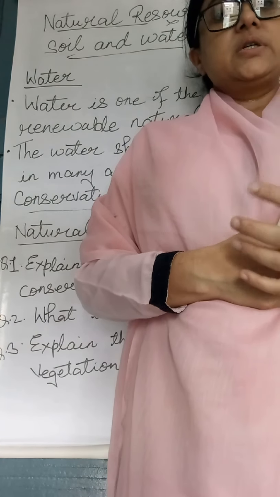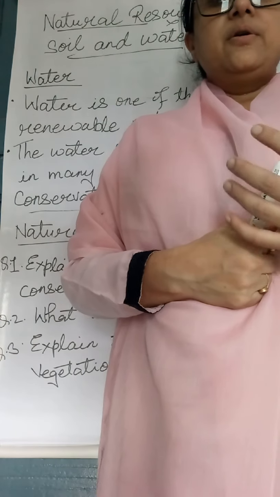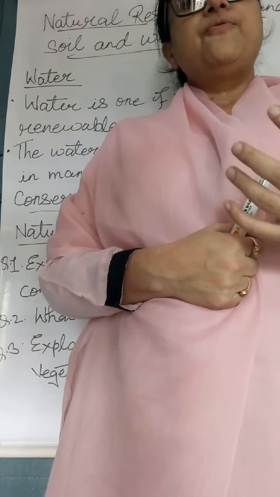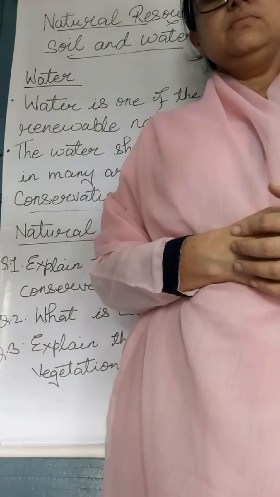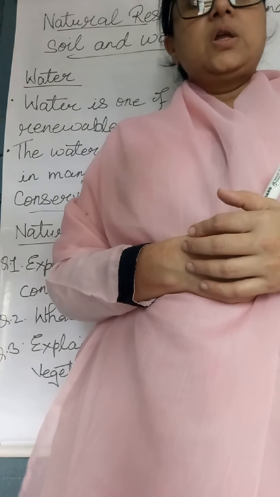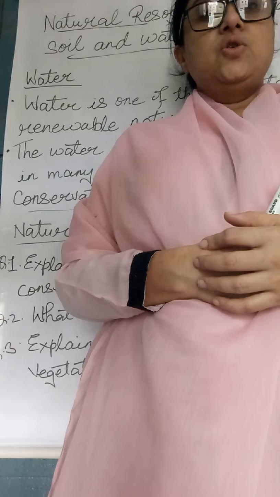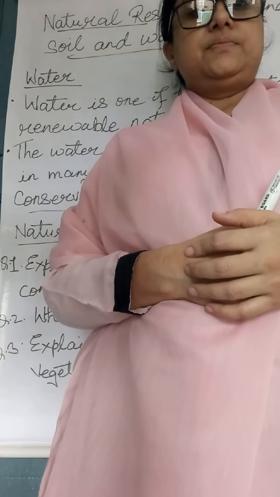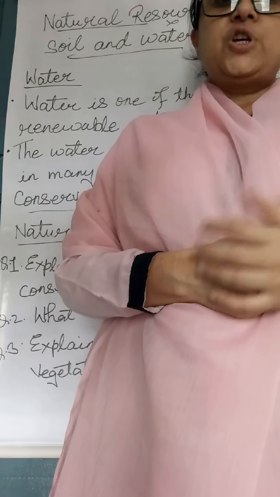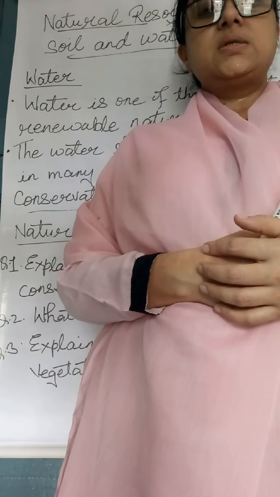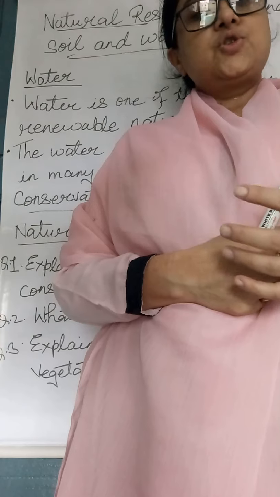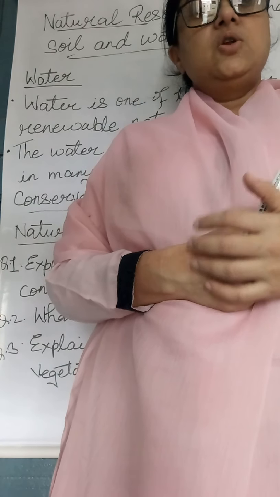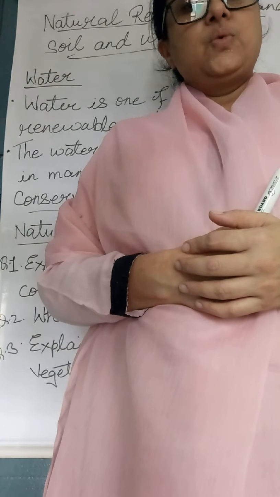Groundwater reservoirs can be replenished by afforestation. Irrigation. The most important use of fresh water is irrigation. Efficient irrigation methods must be used so that there is no wastage of water.